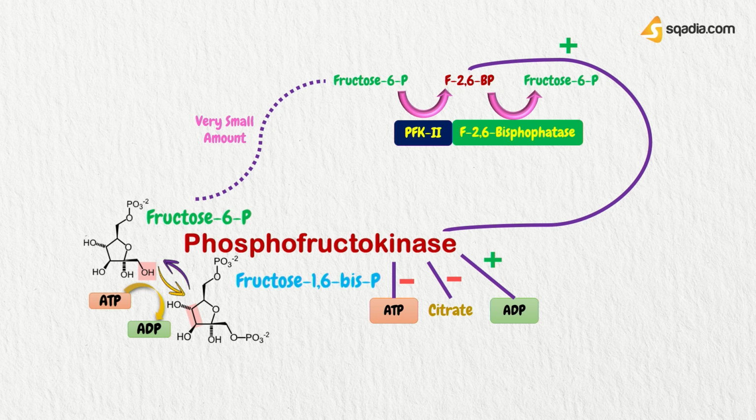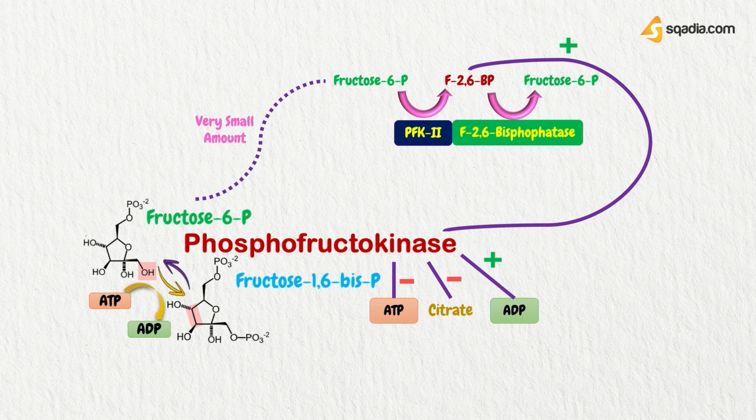All right, so this is the whole process where ATP and citrate are going to act on phosphofructokinase to downregulate the process, and ADP and fructose 2,6-bisphosphate are going to upregulate the process of making more phosphofructokinase.